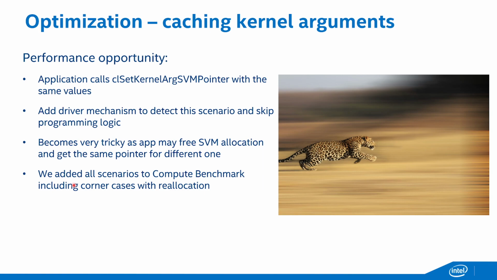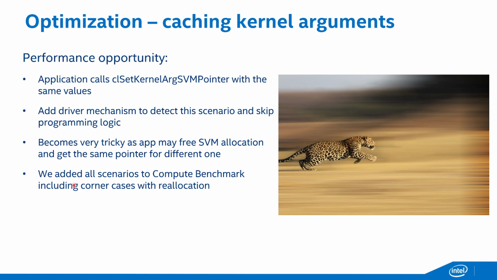When you think of this optimization, it may sound simple on paper, but there are some corner cases. And those corner cases are important because with SVM, you can free the memory, you can call the allocation call once again, and you can get exactly the same pointer. And if you go to the clSetKernelArgSVMPointer API with the same pointer, well, it's not basically the same allocation.